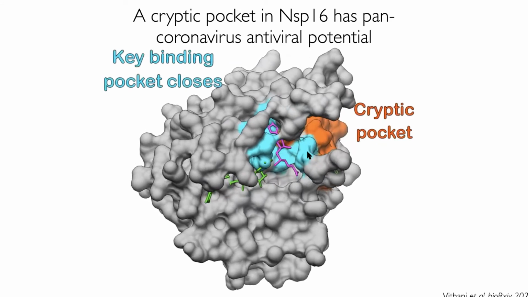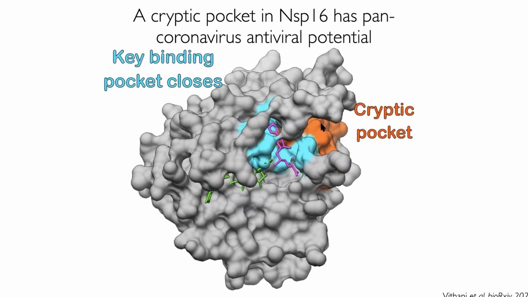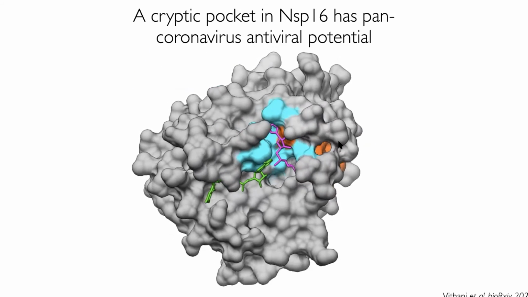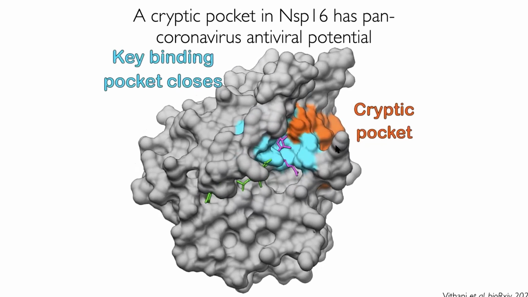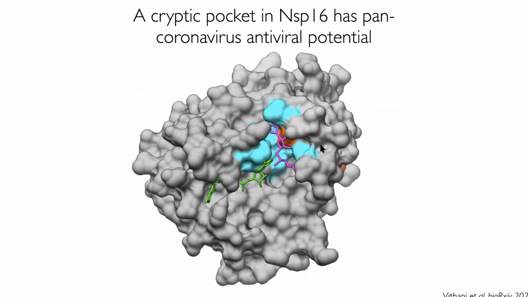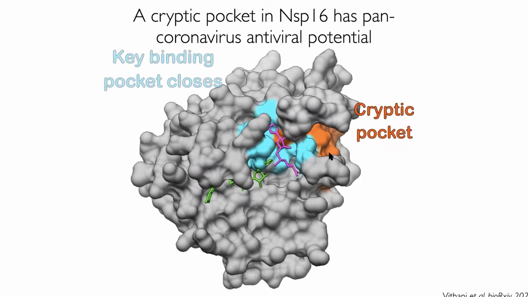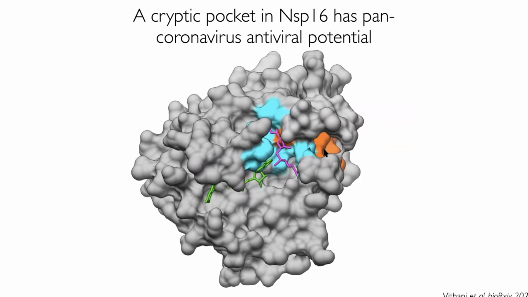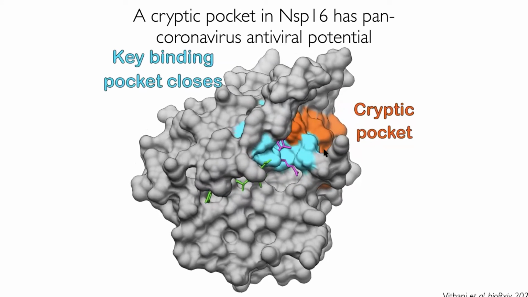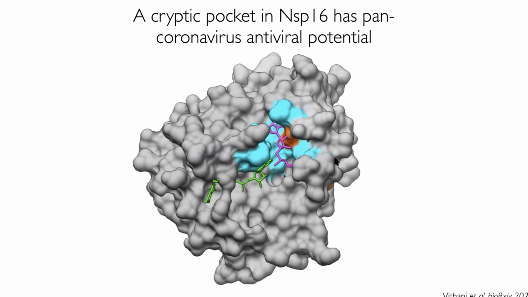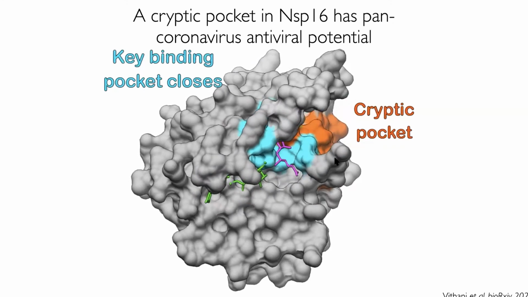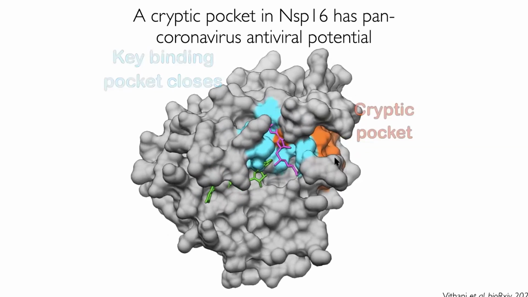And we think this is super interesting because this motion does not occur in related human proteins. So if you target it with a drug, you won't impact those human proteins, just viral proteins. And this pocket is shared in the SARS-1 and MERS viruses, and we think based on sequence comparisons, all of the extant coronaviruses that have been sequenced.